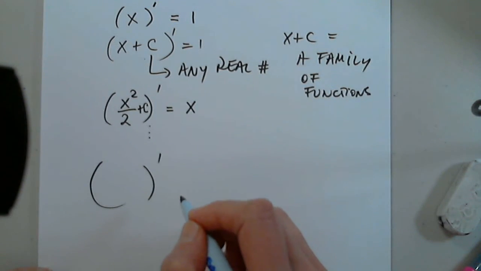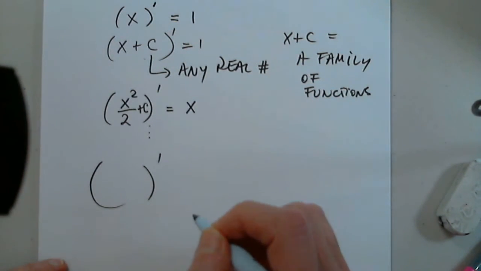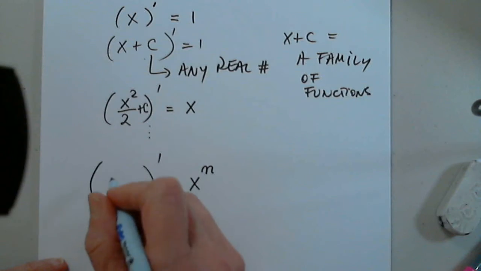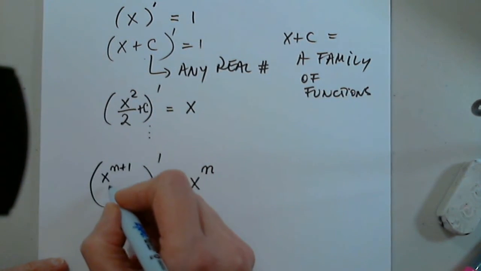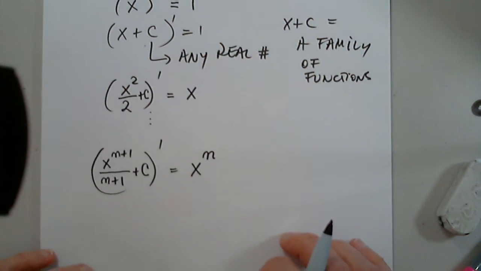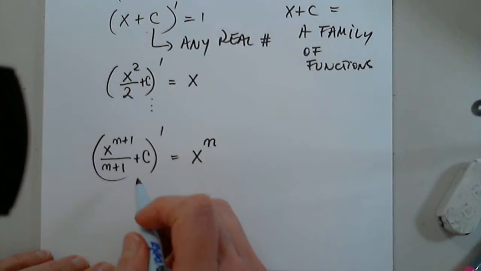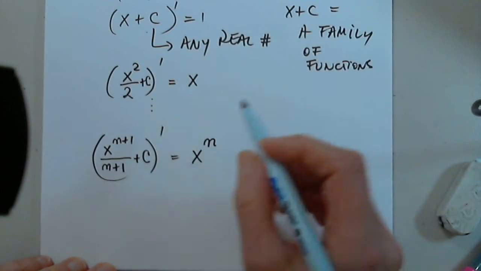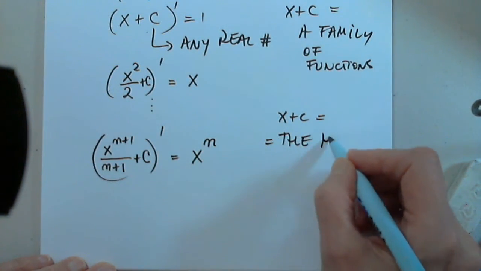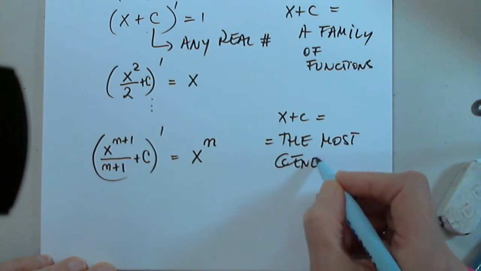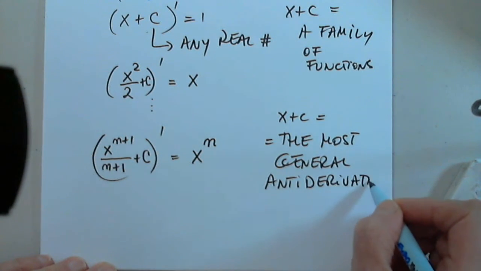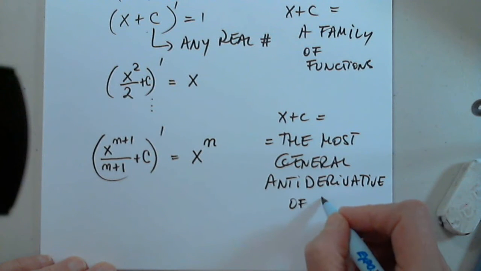What would be the rule here is, if I want to get x to the nth power, all I have to do is increase the power by 1, divide by that number, and of course, if I want the entire family of functions, add c. So x plus c is also called the most general antiderivative of 1.